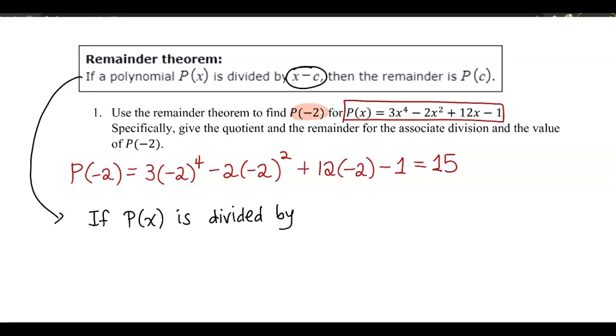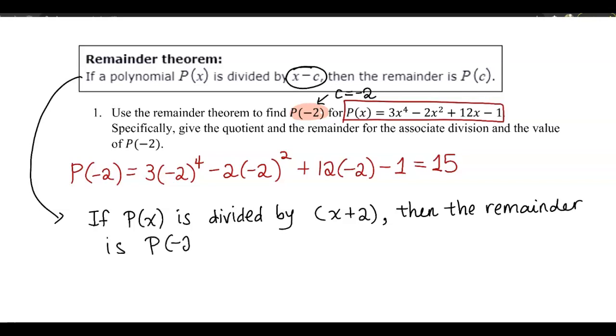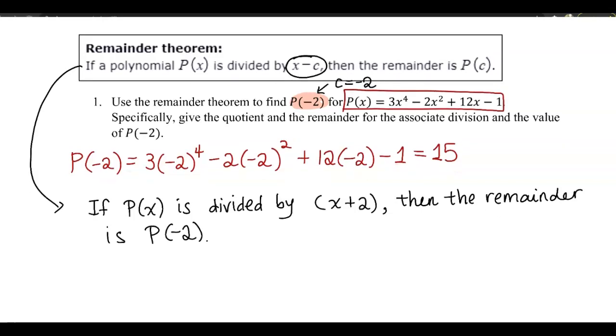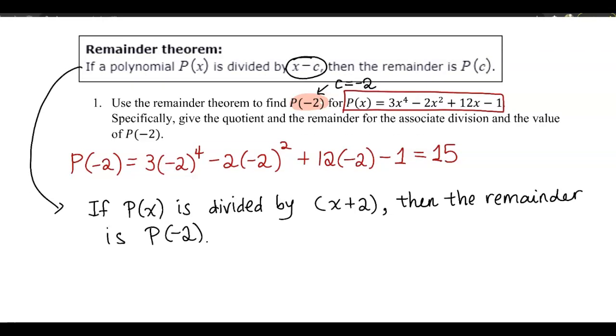So if c is negative 2, do you agree with me that we're dividing this by x plus 2? Then, if you do this division, the remainder is p of negative 2. So basically, they're telling us to divide and look at the remainder.